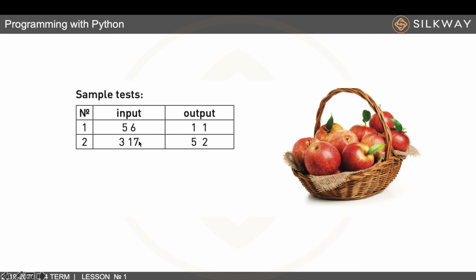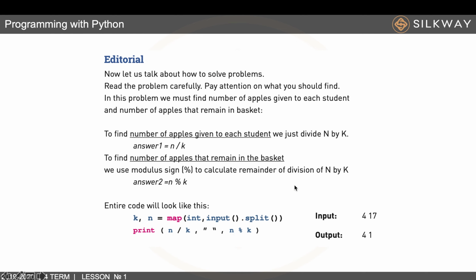It means 17 divided by 3 is 5, and 2 apples will be left in the basket. How did they get this number? I'm sorry, here the double slash, it was my mistake. To find the number of apples given to each student, we just divide n by k.